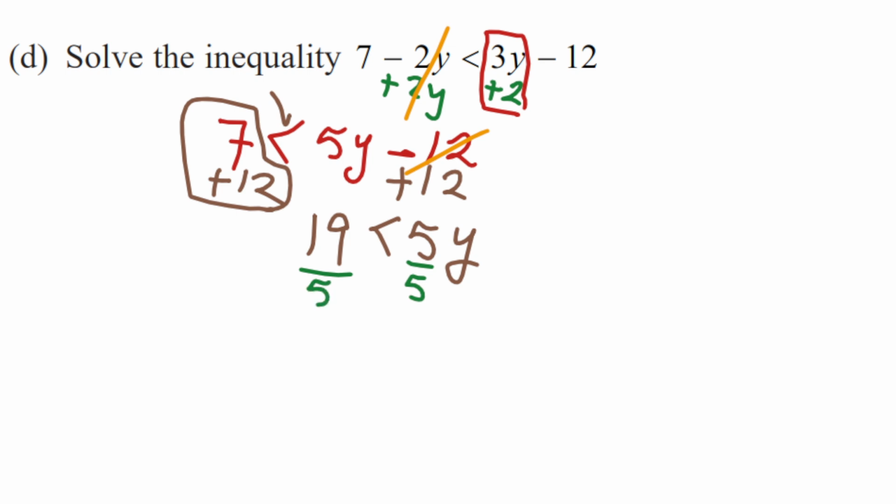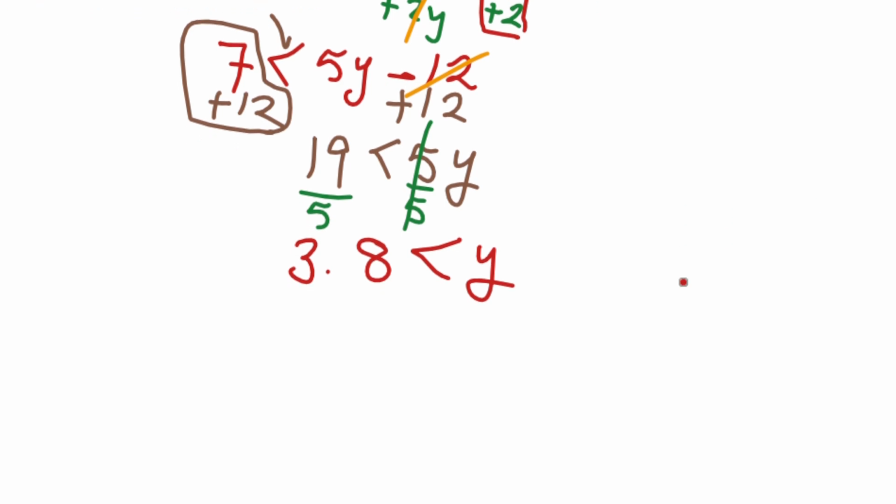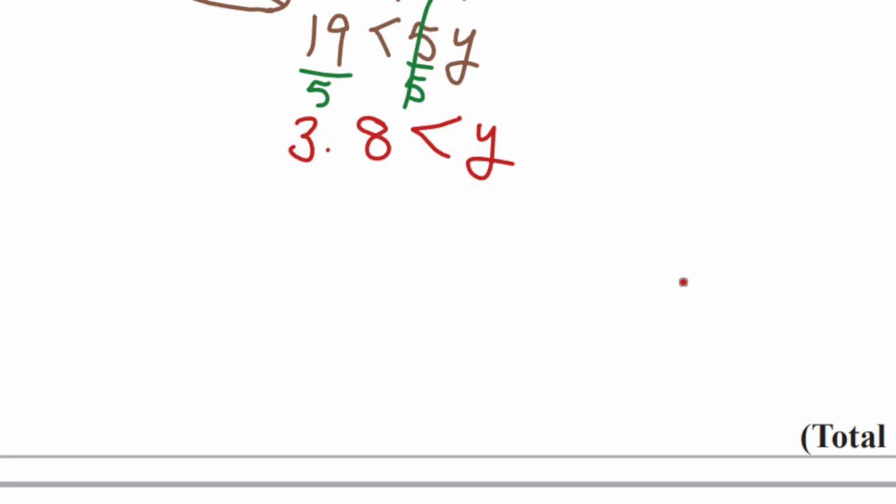Divide by 5 to have only y. So plug this in your calculator. 19 divided by 5 gives you 3.8. 3.8 is less than y. And that's your answer. We solved the inequality.